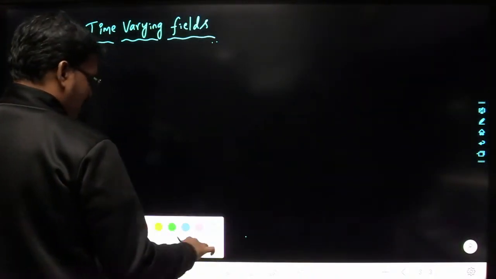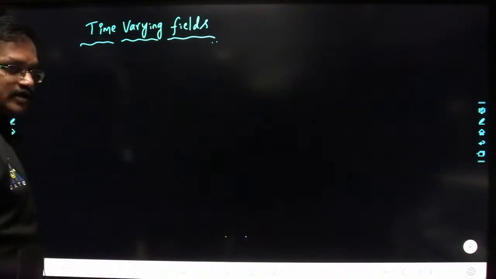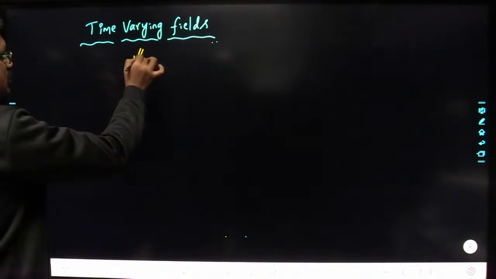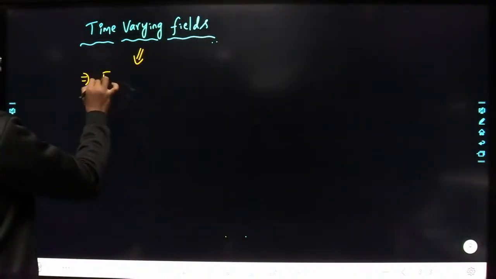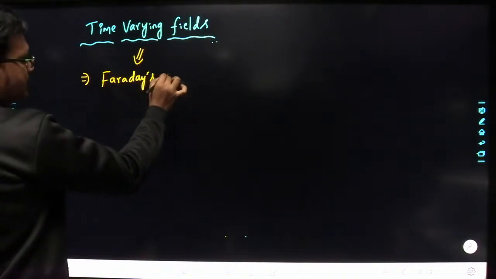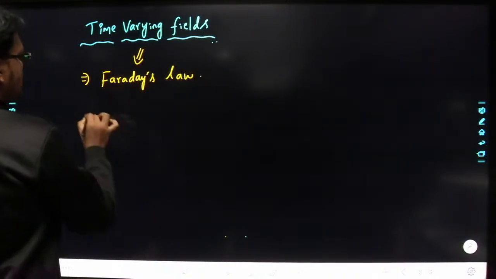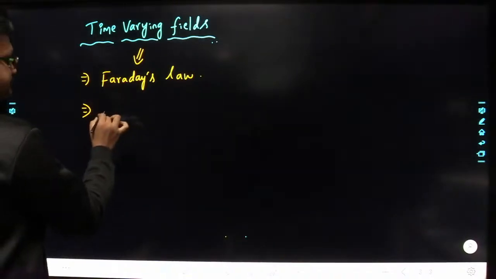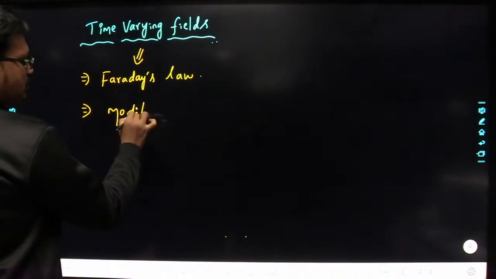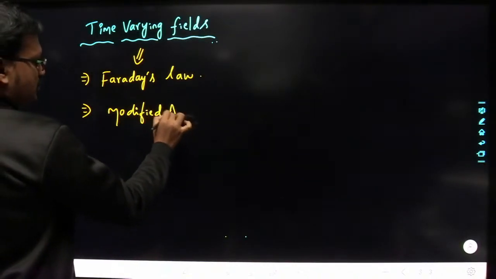So up till now we have dealt with electrostatics and magnetostatics. So next we will start with time varying fields. In these time varying fields we will first cover Faraday's law. Next topic we will cover modified Ampere's law.